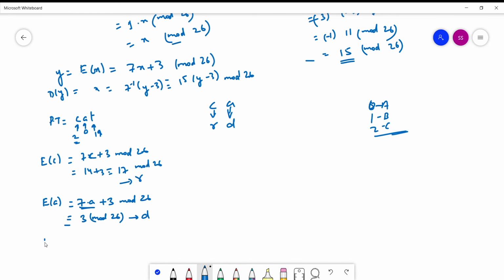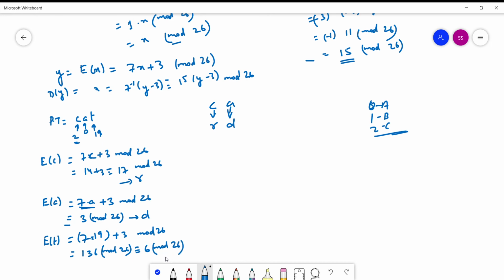Last but not the least, encryption of t, which is equal to 7 into t, which is 19, right? 7 into 19 plus 3 mod 26. So 7 into 19 is 133 plus 3 is 136 mod 26. So 26 into 5 is 130, so this is equal to 6 mod 26.